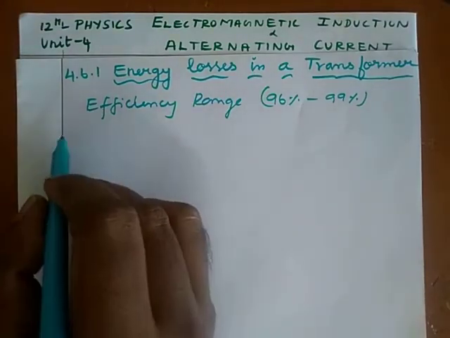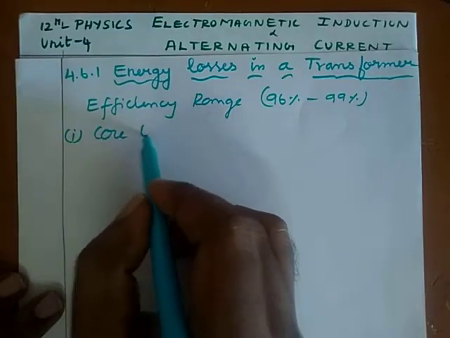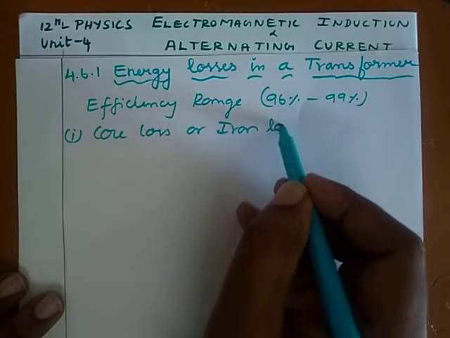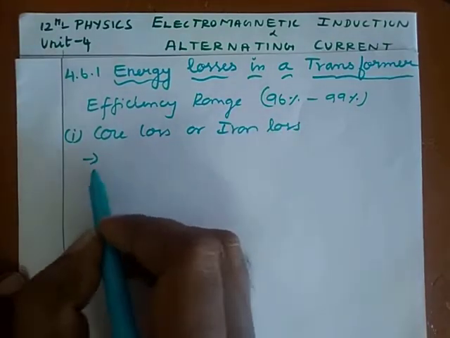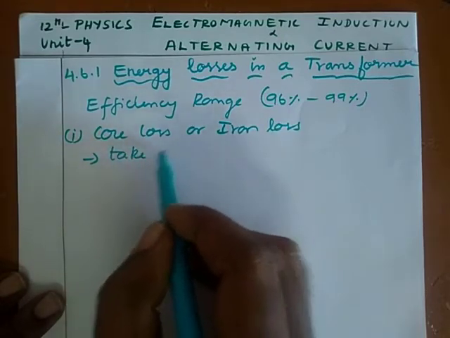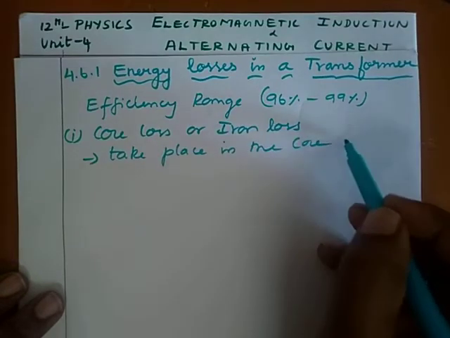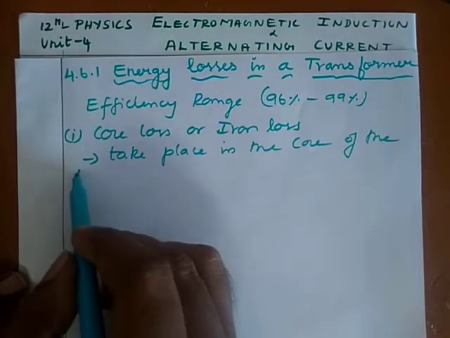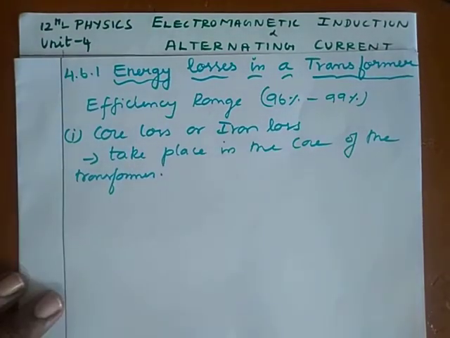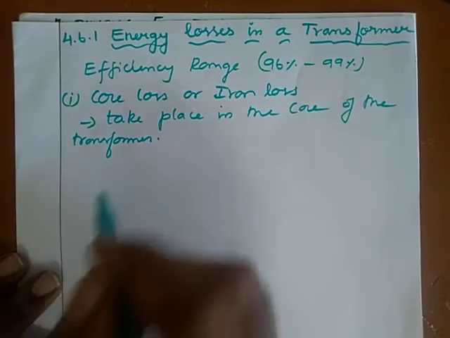Okay, first one is core loss or iron loss. This loss takes place in the core of the transformer. Okay, the hysteresis loss and eddy current loss are called core losses.